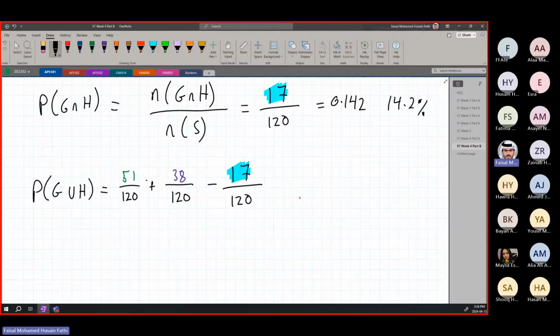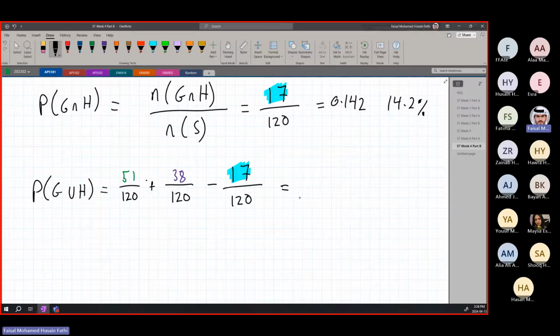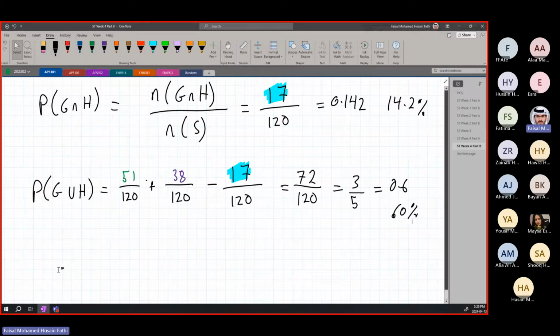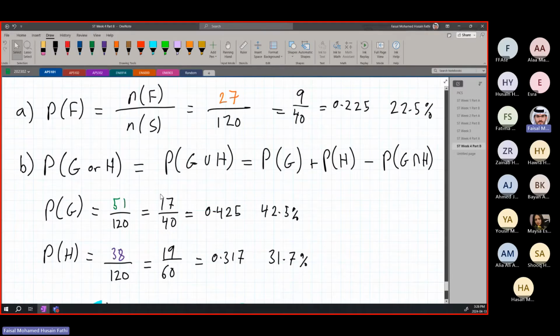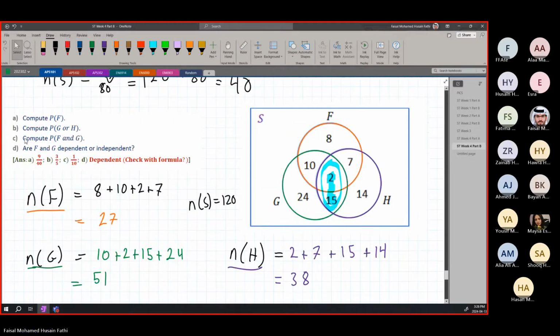And we can find the final answer. This is going to be equal to 72 over 120, which is also equal to 3 over 5, or 0.6, which is 60%. So the probability of G or H is 60%, or 0.6.